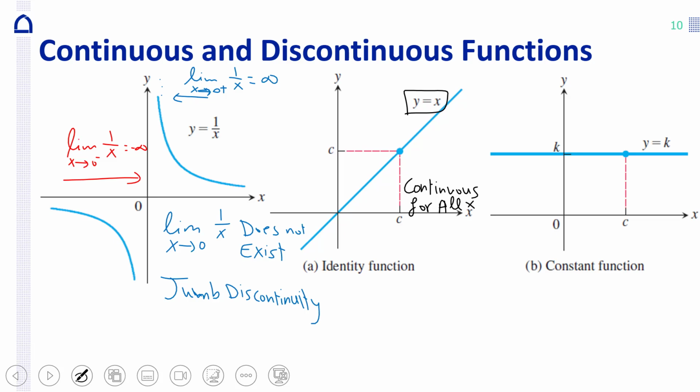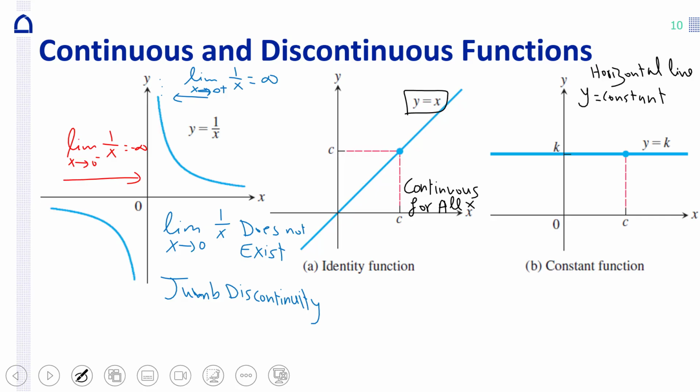This is a constant function, which is a horizontal line, because when y equals a constant, we call it a horizontal line. The horizontal line has a slope equal to 0 because it has no slope with x.